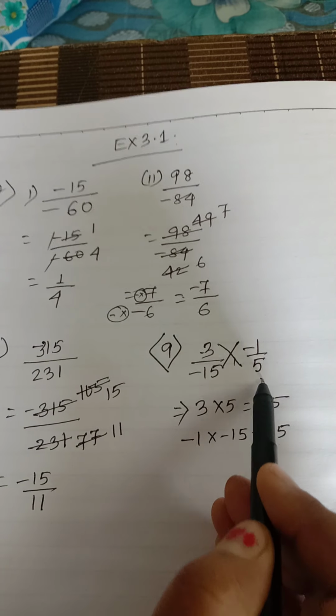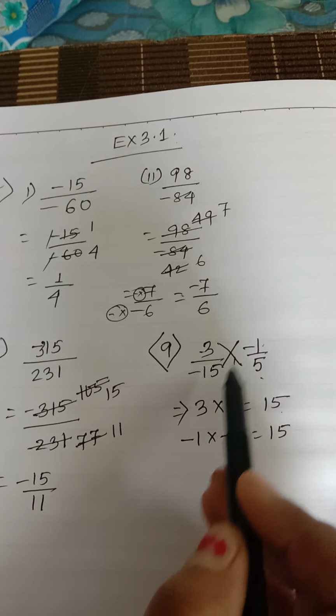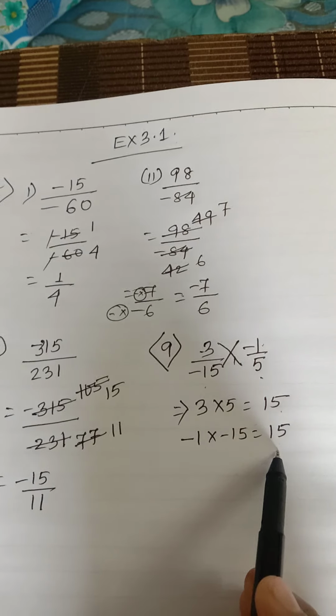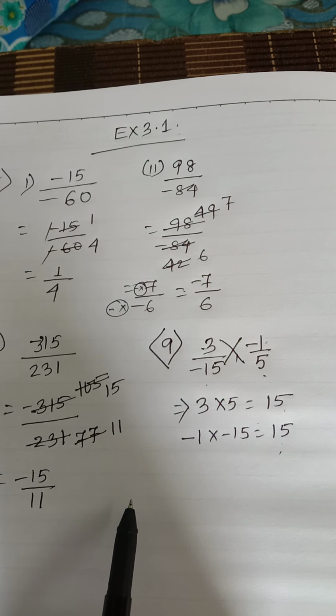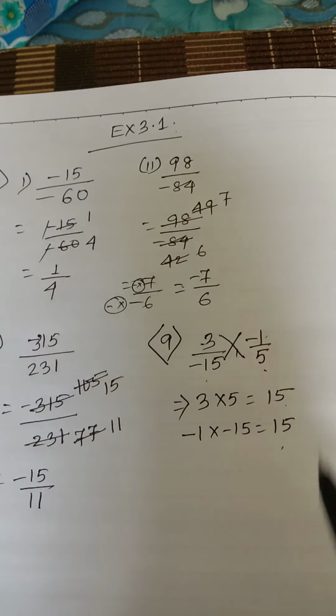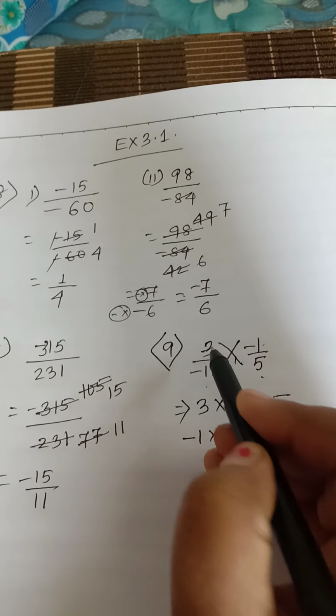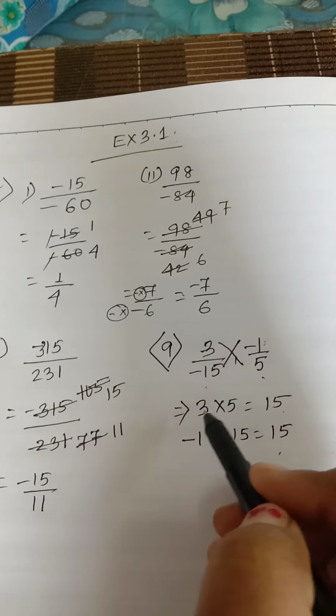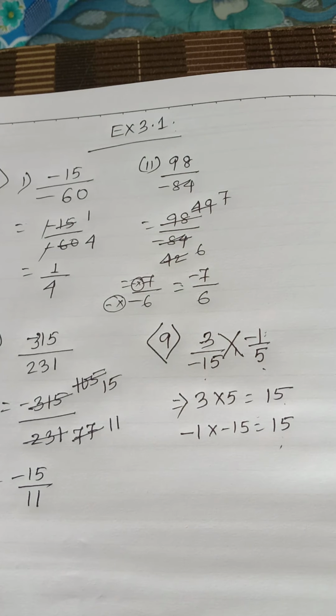3 into 5, that gives you 15. Minus 1 into minus 15, that also gives you 15. So the products are equal in both the cases. Numerator of first number into denominator of second rational number. Numerator of second rational number into denominator of first rational number.